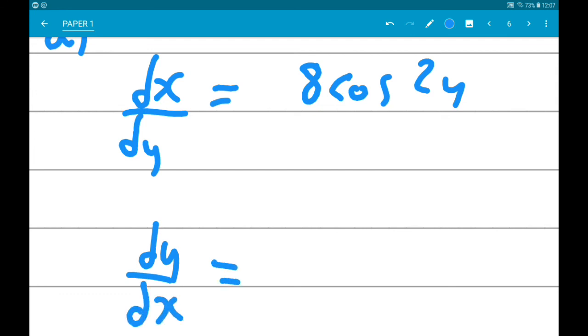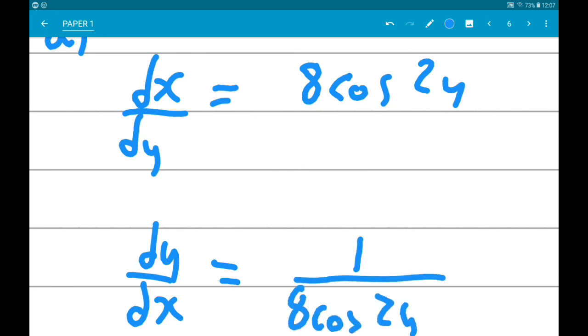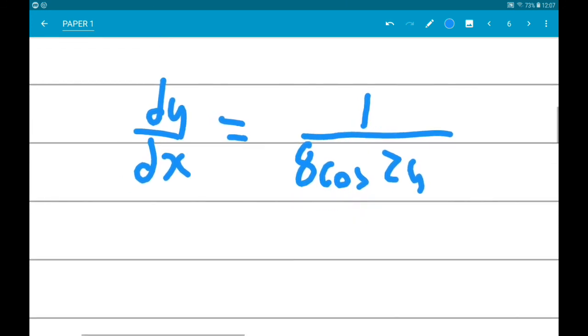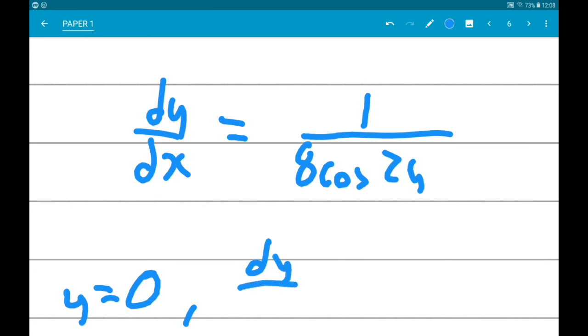So 1 over 8 cos 2y. Now, at the origin, y is 0. So, y is 0 gives dy by dx is 1 over 8. Because cos of 0 is 1.